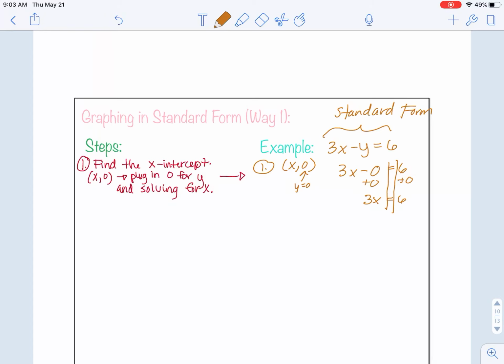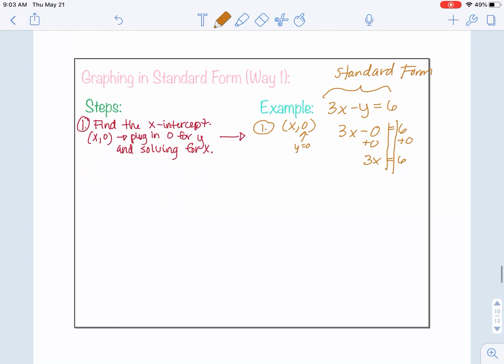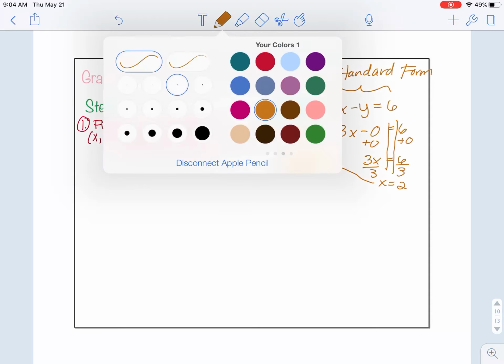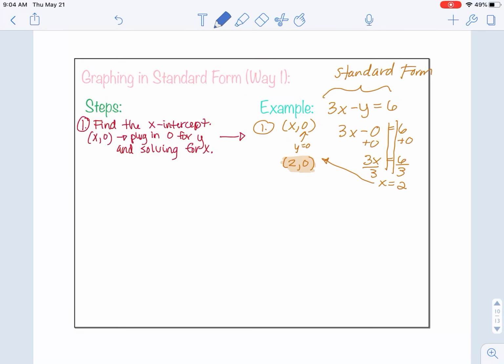To get x by itself, I divide by 3, and I get x equals 2. So now I have the point 2, 0. That is my x-intercept. That's my first point.